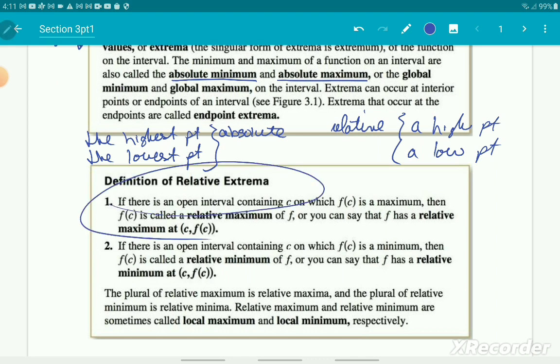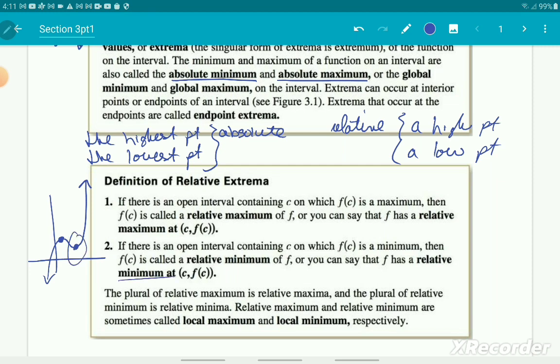And that's what this definition is referring to here. So a good example would be something like this guy. Let's say we're looking at its entire domain, which would be all real numbers. We have a high point here on the graph, so this would be a relative maximum. And then we have a low point down here, which would be a relative minimum.